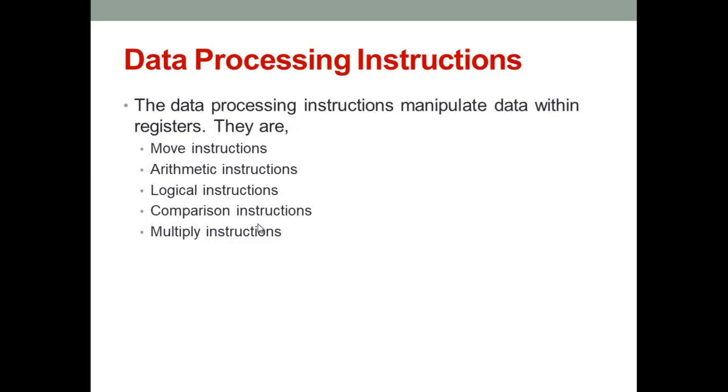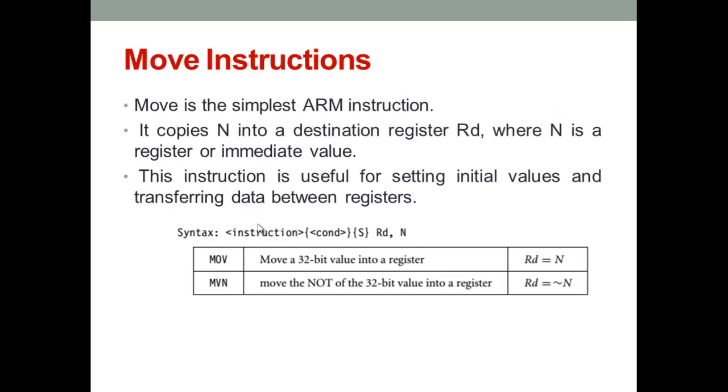And comparison instructions, when I want to do comparison between two register values or an immediate and register value. We have a separate multiply instruction, so we have long multiply, and signed and unsigned multiplication instructions as well. We will look into the first instruction, which is the move instruction.